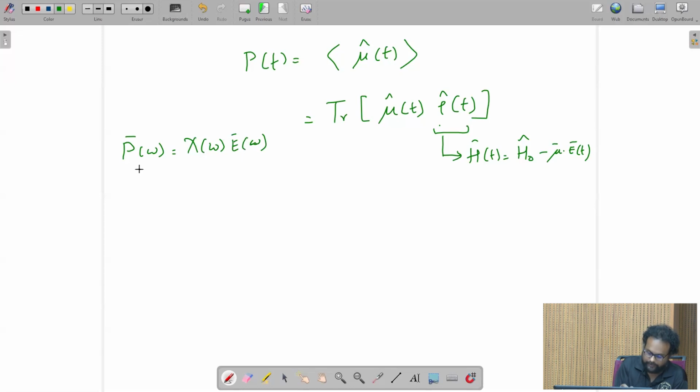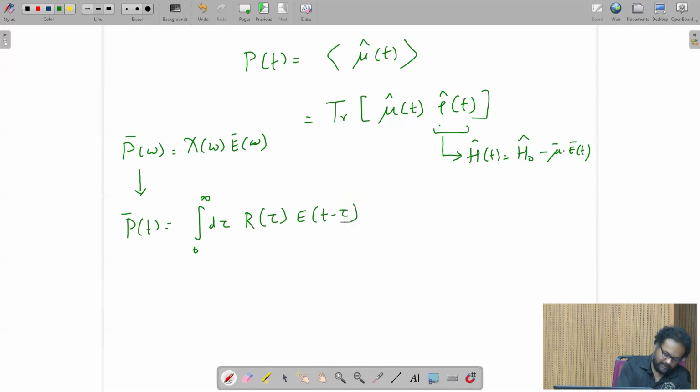So I can now write from here, by taking a magical transform called Fourier transform, P of t in the time domain. This is basically a convolution integral. That means that the system response, the polarization, depends not only on the instantaneous electric field, but also its time evolving behavior driven by causality.